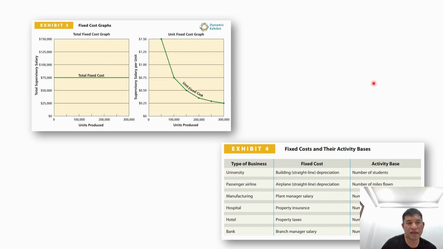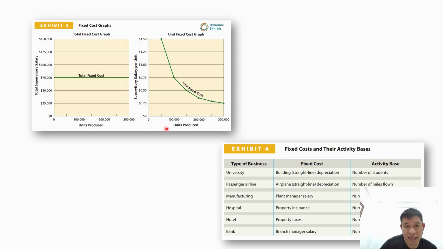So Exhibit 3 illustrates how Jane Suvisi's salary, the fixed cost, behaves in total and on a per unit basis as production changes. As we notice here in the first graph, the total fixed cost graph, this is a graph between the units produced and the total supervisory salary. Notice here that the salary is the same or fixed regardless of the number of units produced.